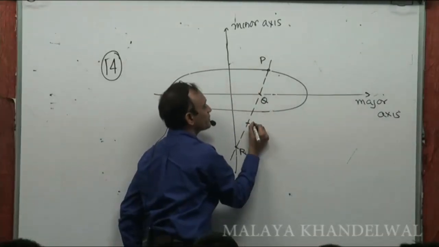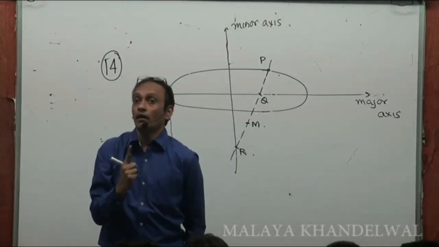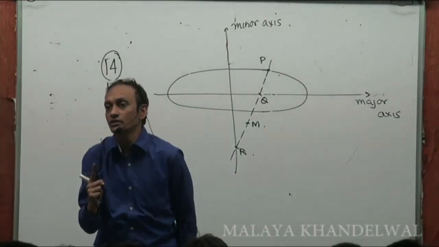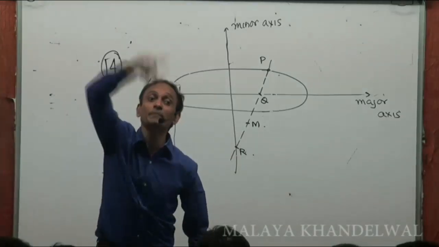The property that you must remember is the midpoint of QR will have a trajectory which is an ellipse having the same eccentricity as that of the mother ellipse.